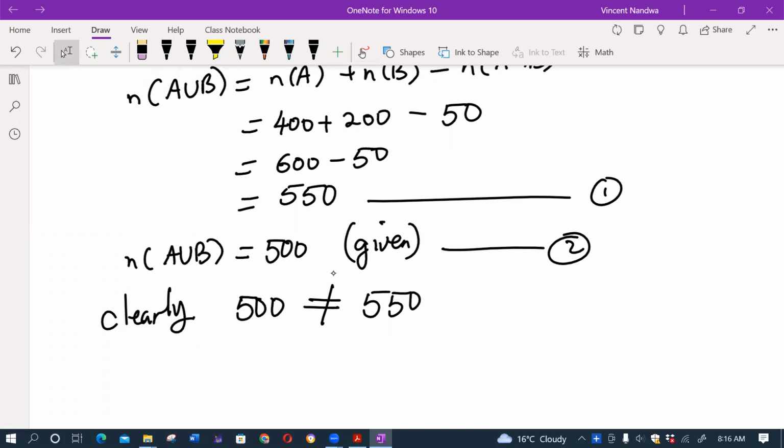So 500 is what is being claimed as the cardinality of the union of the sets being considered. But with the information given, using the inclusion-exclusion principle, we see that the number should be 550. Since the two values do not agree, we say that this data is actually incorrect.